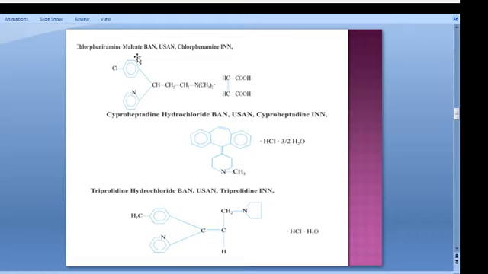Then the next one is triprolidine, which comes under the monoaminopropyl derivatives. Triprolidine is another drug used for this. Chemically, it is 2-(3-pyrrolidin-1-yl-1-p-tolylprop-1-enyl)pyridine.